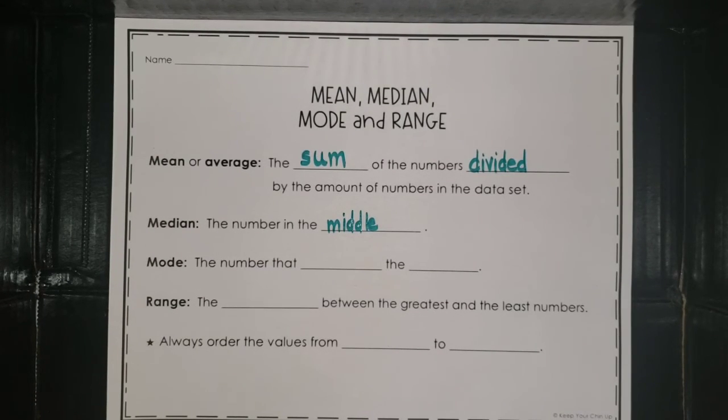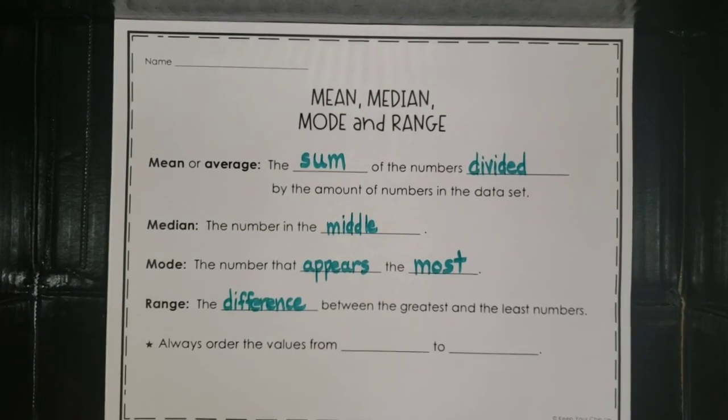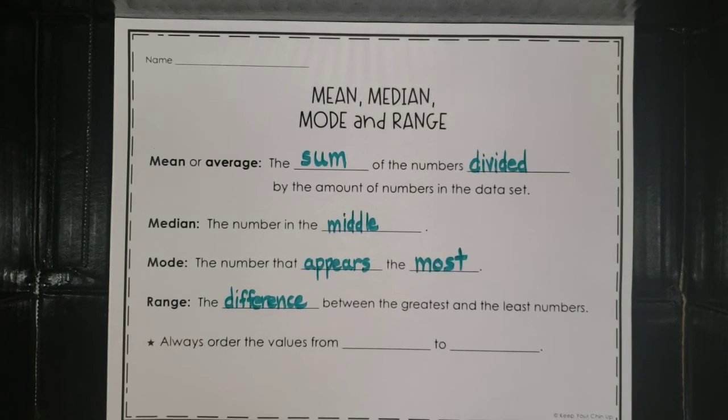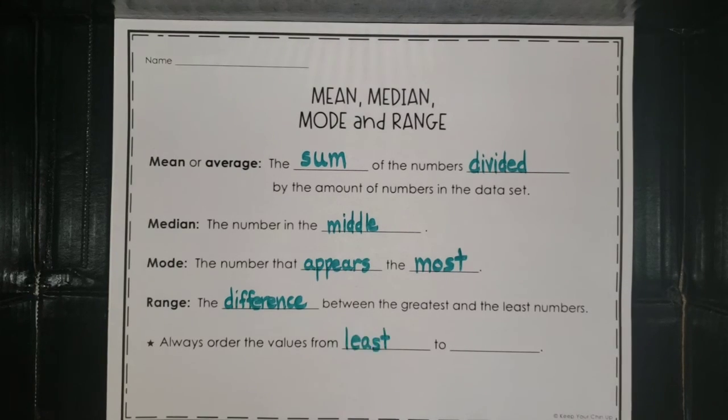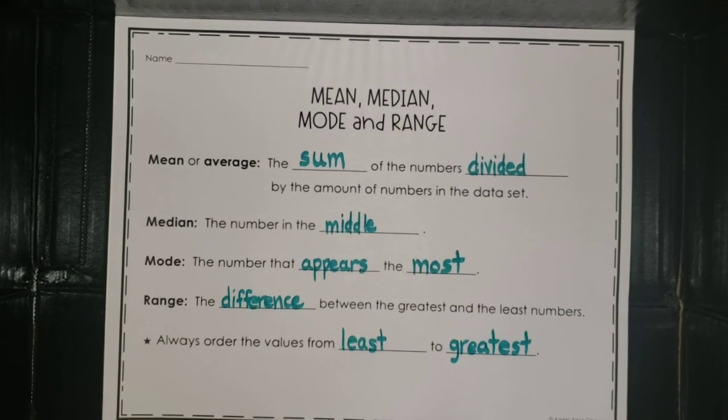The mode is the number that appears the most. Range is the difference between the greatest and least numbers. Finally, always remember to order the values from least to greatest.